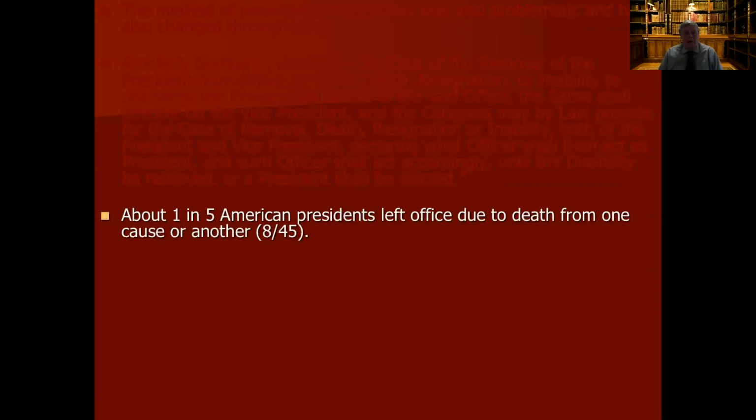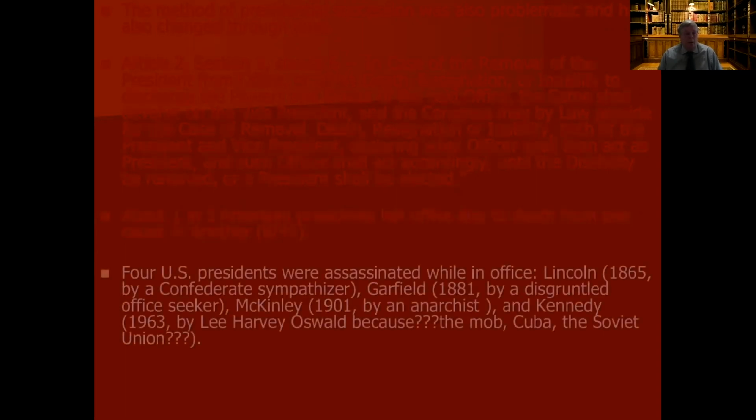About 1 in 5 American presidents have left office due to death from one cause or another. In other words, about 8 out of 45 presidents have left due to death.